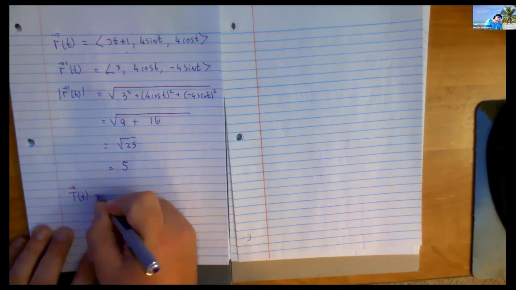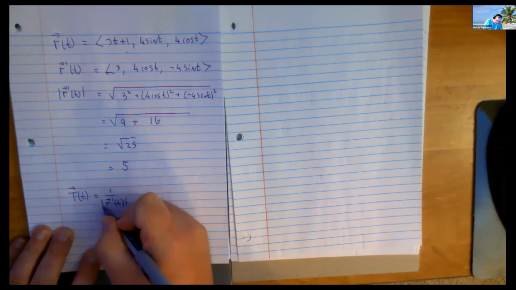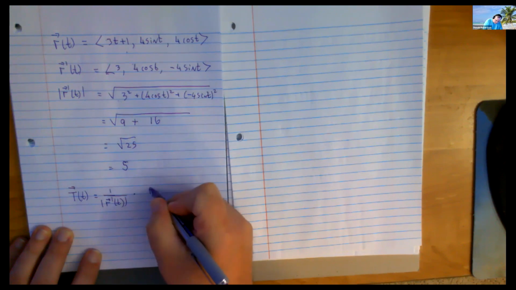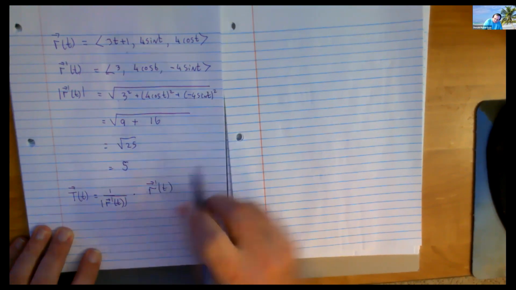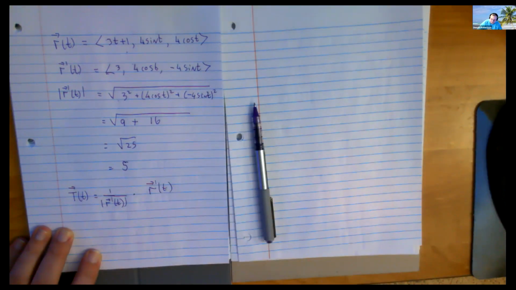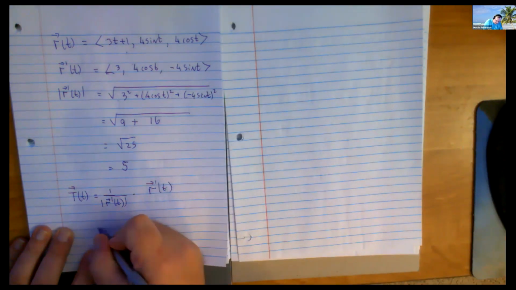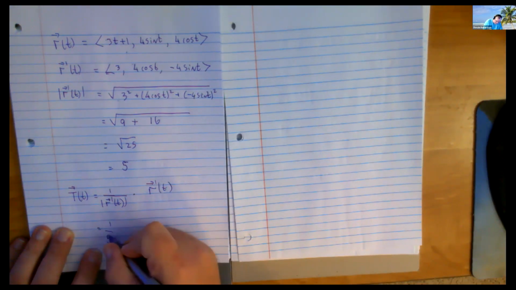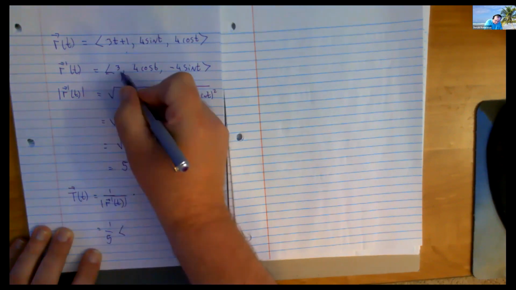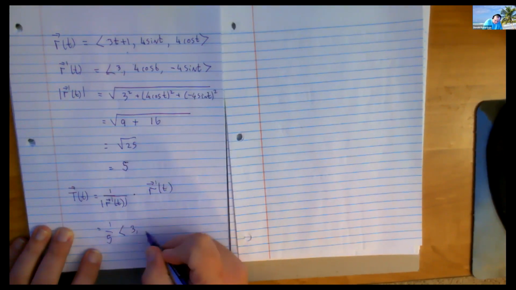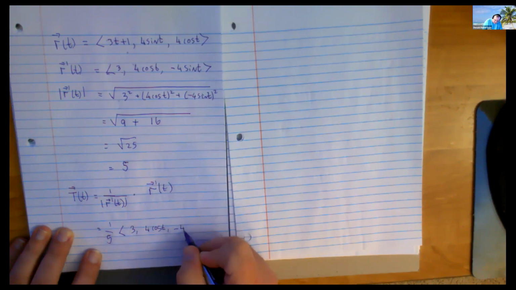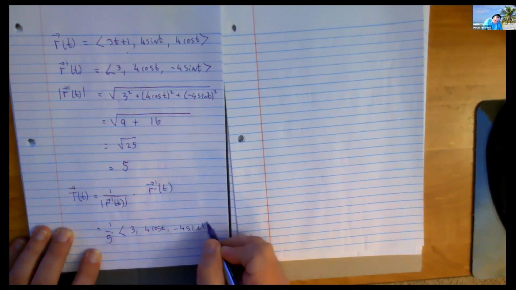So our first one in the set, the unit tangent vector, is 1 over the magnitude of the derivative times the derivative vector. So in this case, 1/5 of here. So that's 3, 4 cosine t, negative 4 sine t.